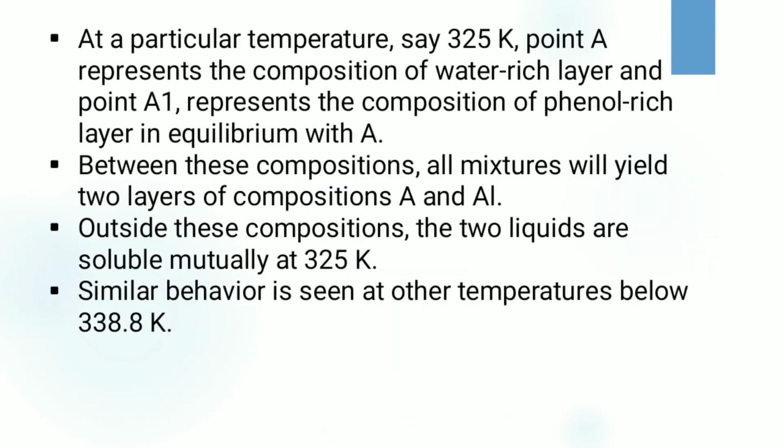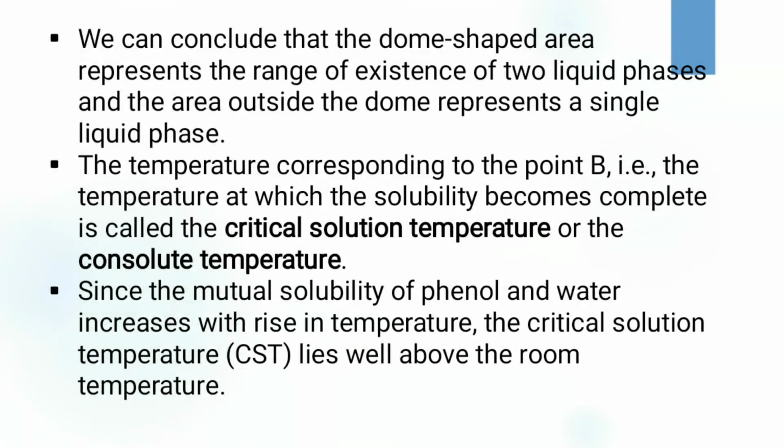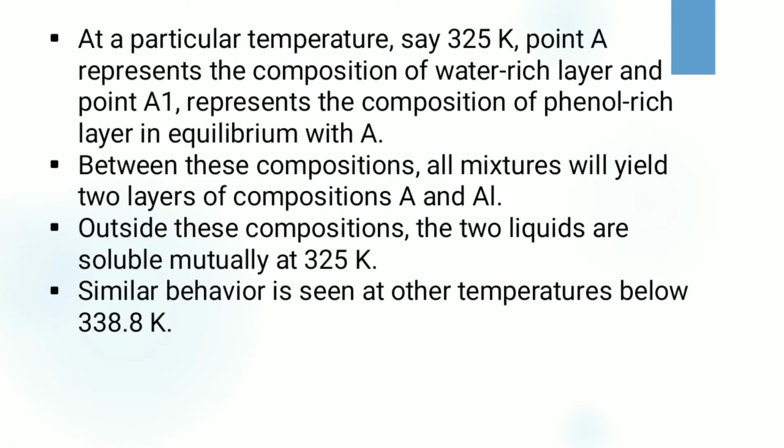Then between this composition, all mixtures will yield two layers of composition A and A1. Outside this composition, the two liquids are mutually soluble at 325 Kelvin. Similar behavior is seen at other temperatures below 338.8 Kelvin.